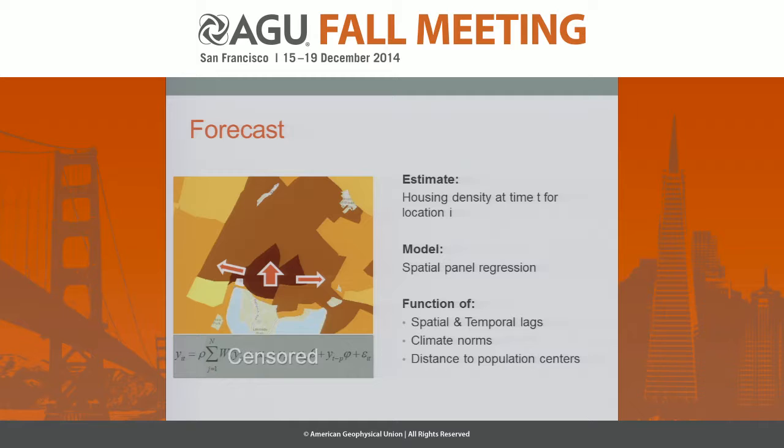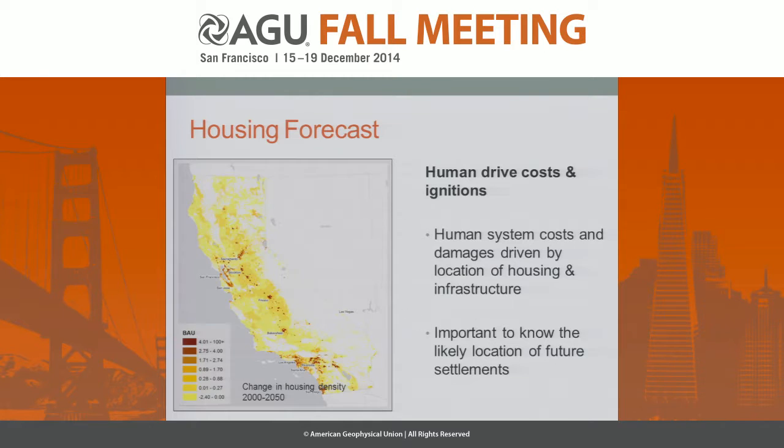But we also look at the effects of climate norms and distance to population centers in determining the location of human settlements. If we look at the forecast change of housing density for this period, 2000 to 2050, we see continued housing densification within the areas that you might expect, as well as in the wildland urban interfaces that have seen so much change historically.